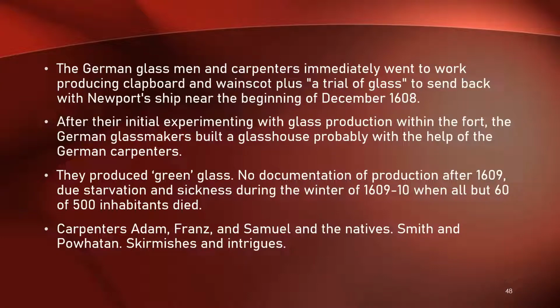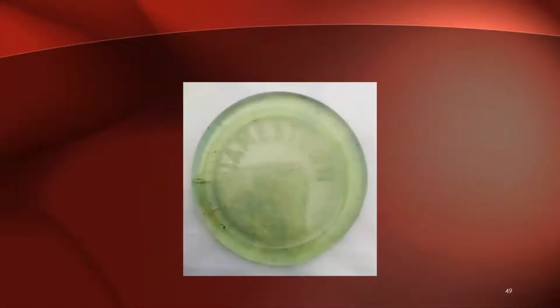And Smith thought he would be able to then trap him in this house. Well, there are many different skirmishes and intrigues about dealing with the native peoples there, that it's a very complicated story.